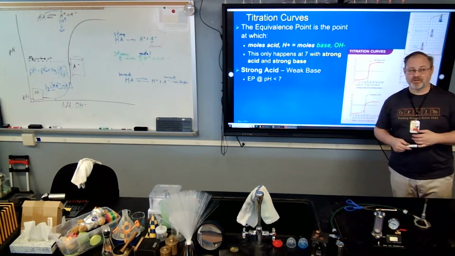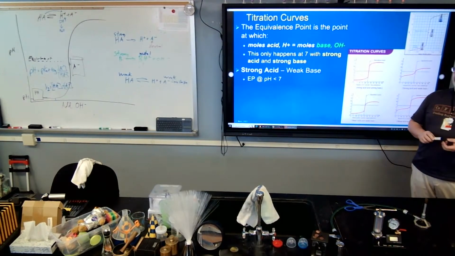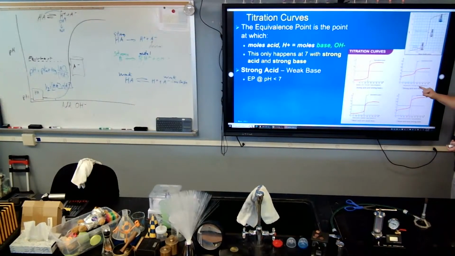Now that changes when you have a weak in there. If you react a strong acid with a weak base, the equivalence point is no longer at 7. The strong acid will form a negligible base, but the weak base will form a weak acid.